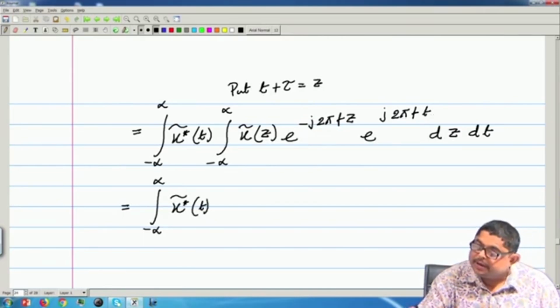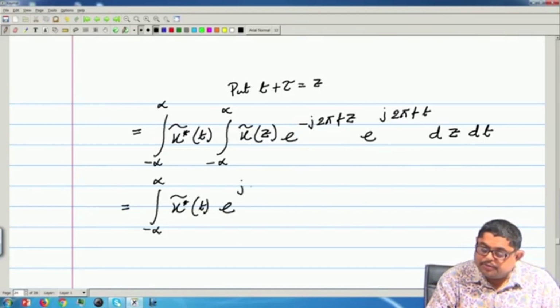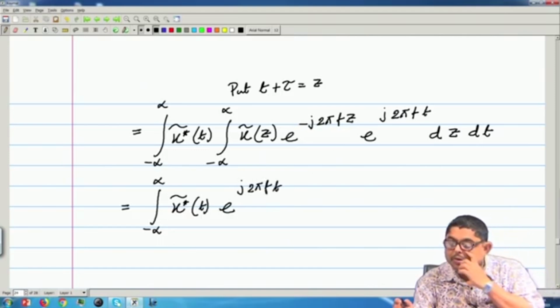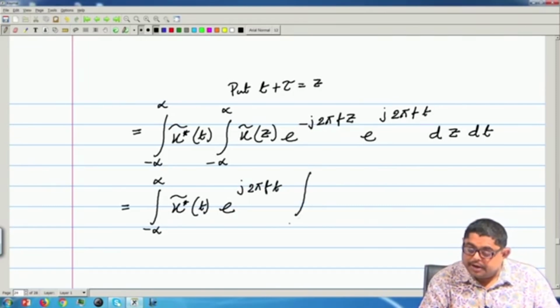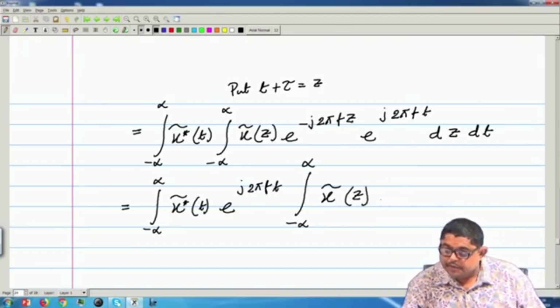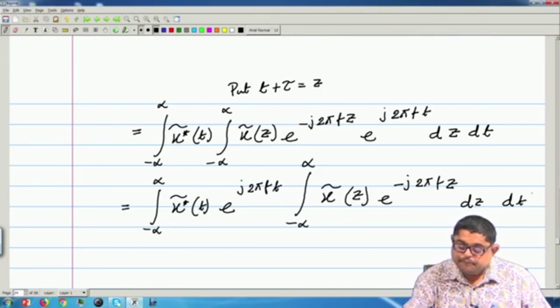You see this e to the power j 2 pi f t can be taken out. So, it becomes e to the power j 2 pi f t, and this whole thing I can first write.